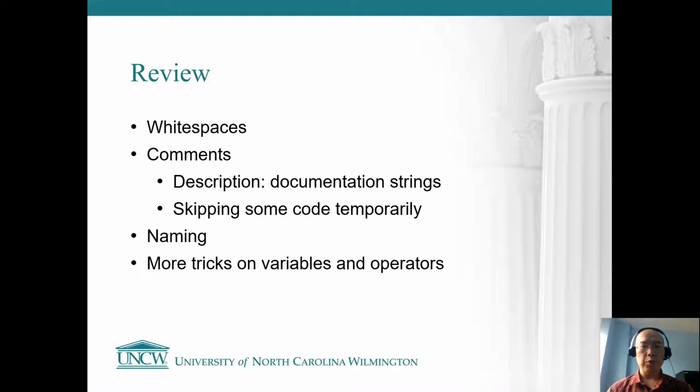For example, if you want to create a variable called class, the answer is you can't do that, because class is a reserved keyword. We also talked about some of the shorthand operators like plus equals, minus equals, divide equals. Some people call them shorthand operators, and I would say they are handy shortcuts.